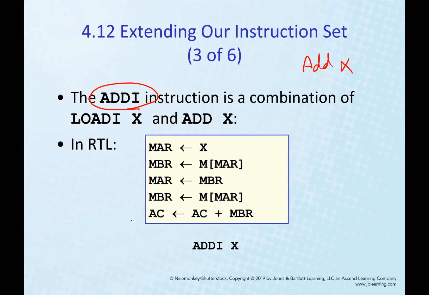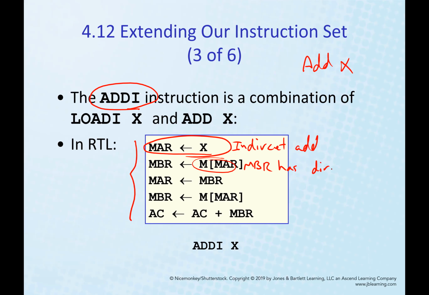Here is how it works. We place the indirect address in MAR. The MAR content moves to MBR, so at this stage MBR has the direct address.